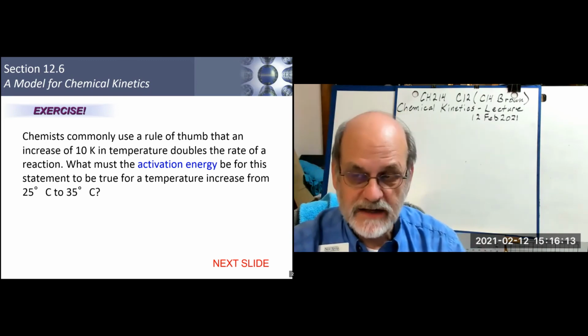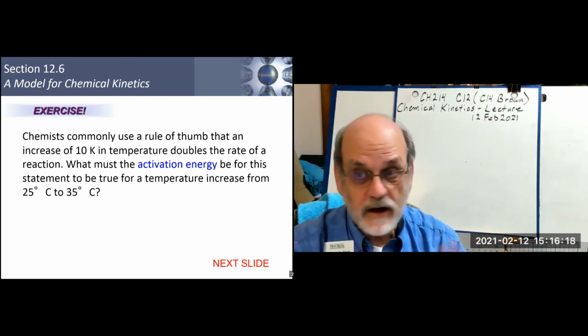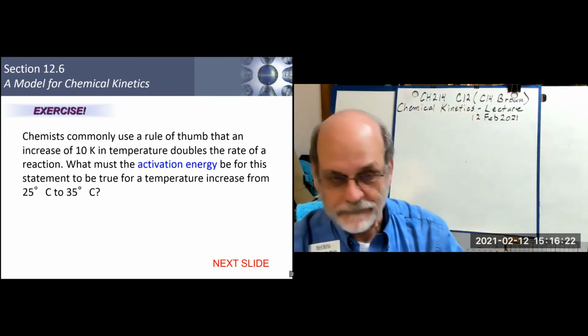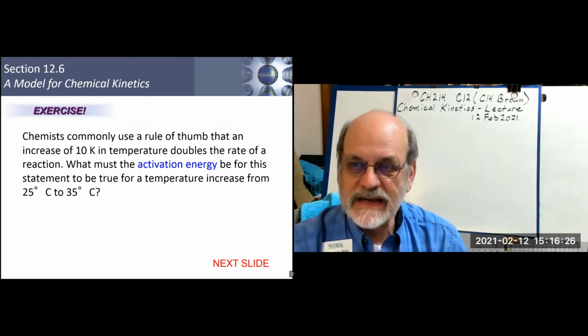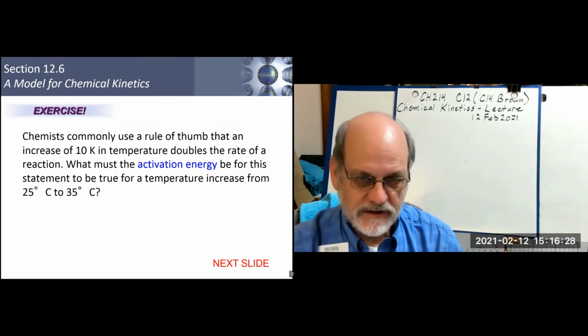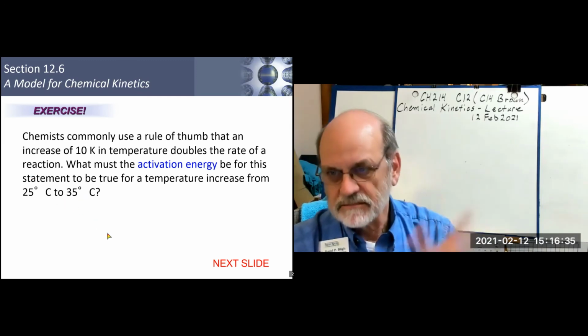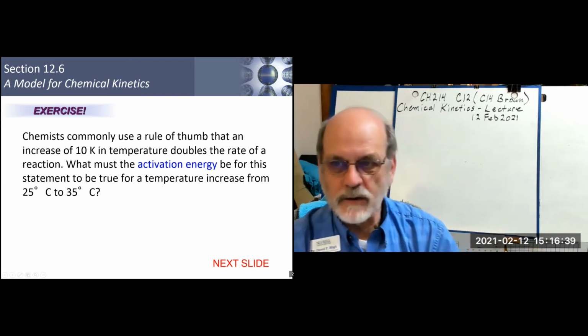If you go too high in temperature, then you run the risk of denaturing the enzyme, and then it doesn't work anymore. And your reaction rate goes like that. So enzyme-mediated reactions are very sensitive to temperature. And they don't necessarily follow this trend, but this is a what if question anyway.